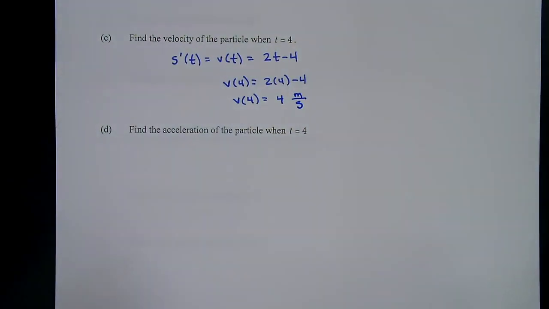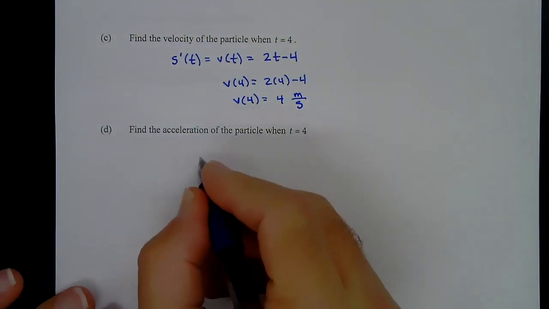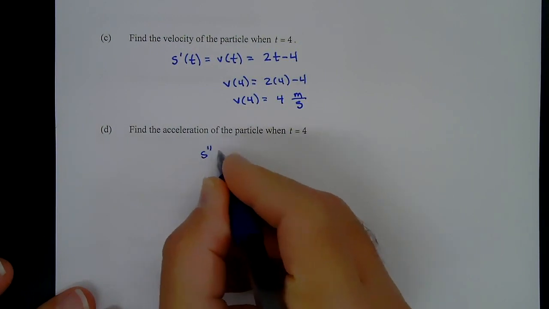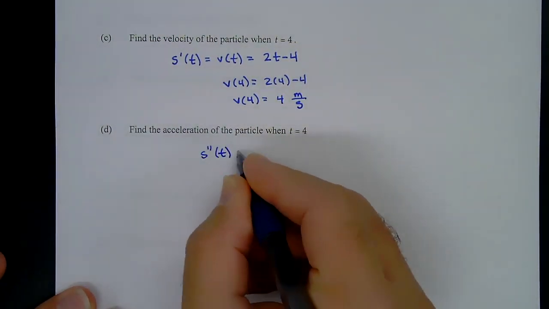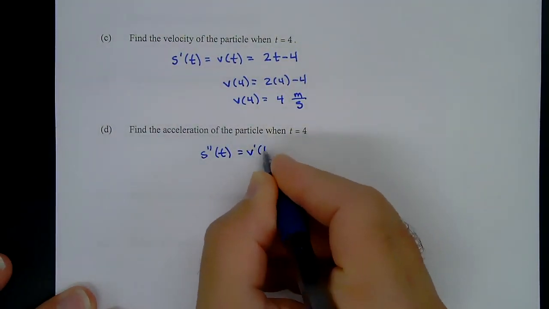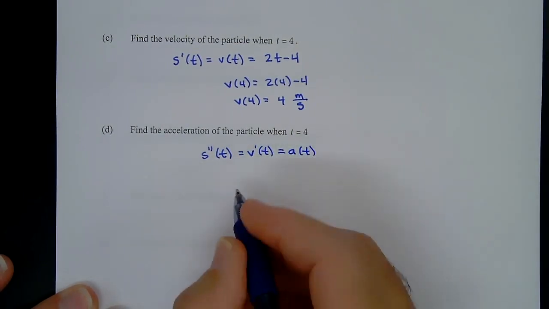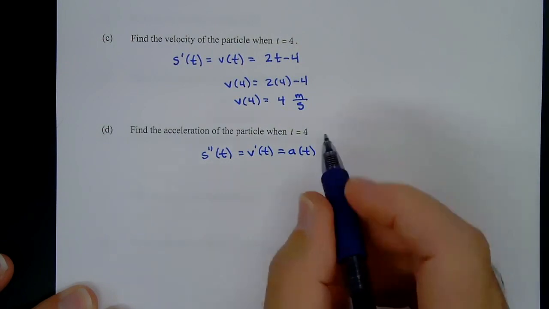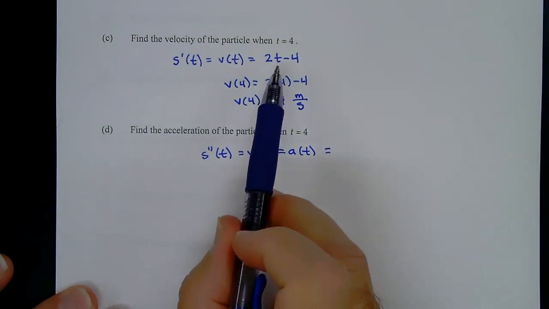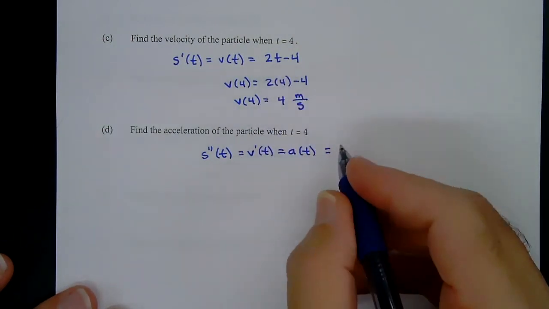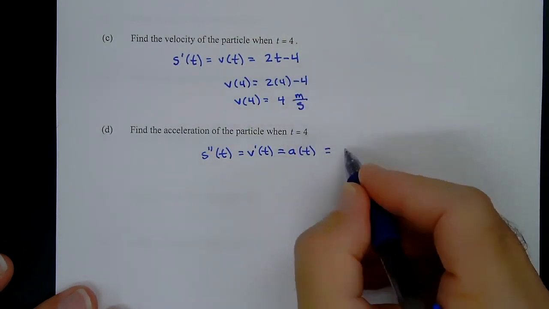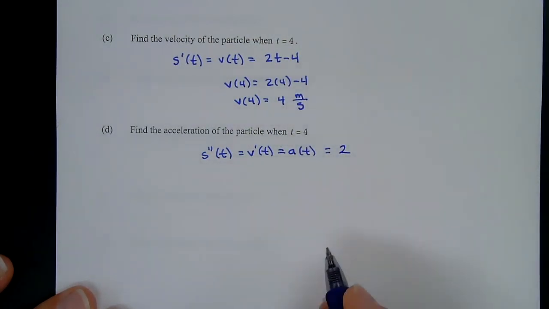All right, so then the next thing, let's find the acceleration. Well, that would be the second derivative of position, or the derivative of velocity, and that would give us the acceleration function. So in this case, since the velocity function we figured out from up here is 2t minus 4, then if we take the derivative of that, that'd be 2. Now, what does that mean?